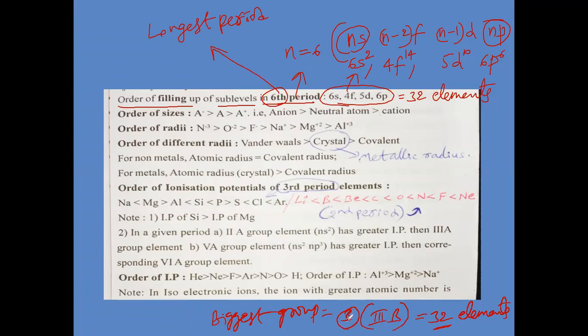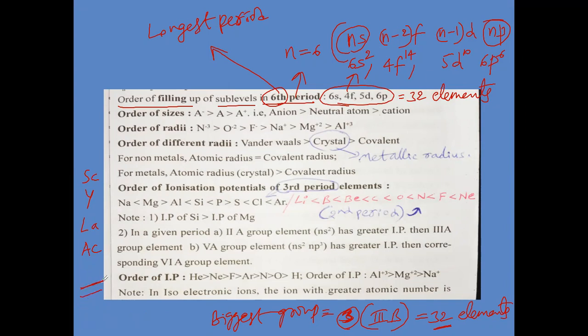Why 32 elements are there is that, in group 3 or Roman number 3B, there will be scandium, yttrium, lanthanum, actinium. 4. These 4 we can see in the table. At the bottom, how many lanthanoids and how many actinoids?